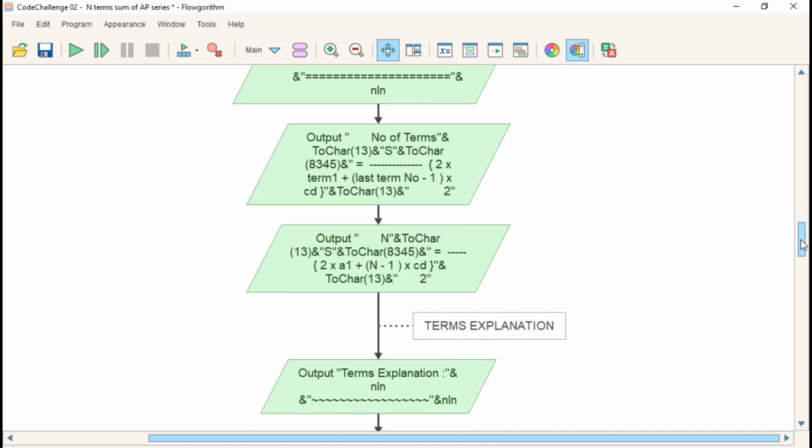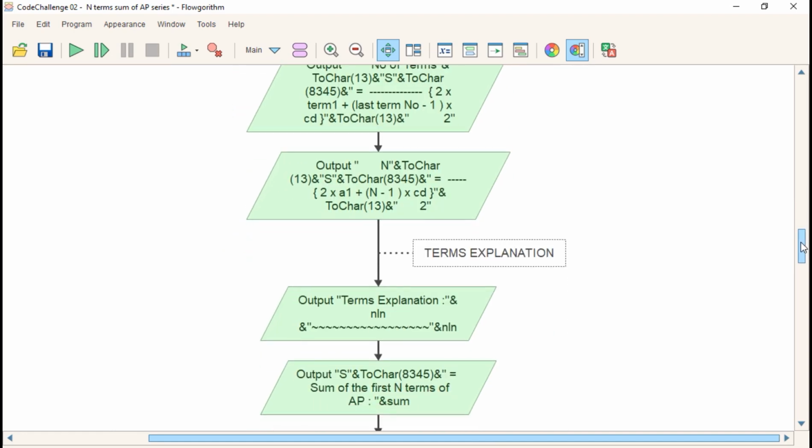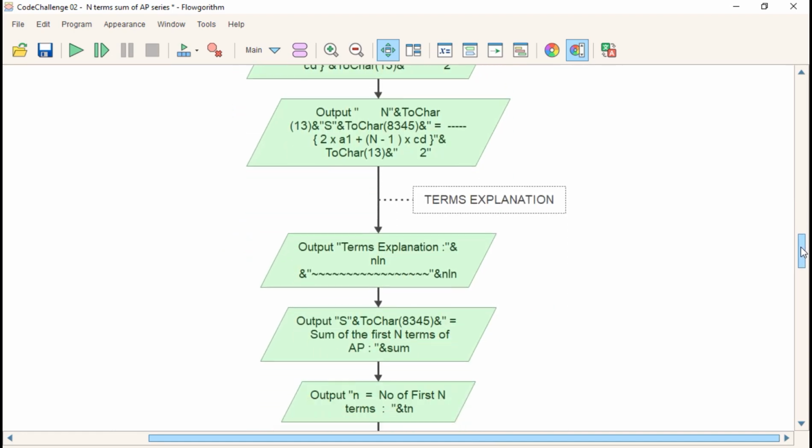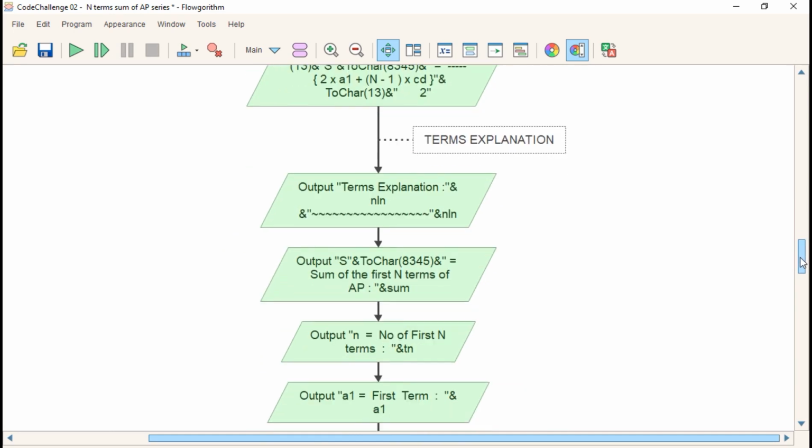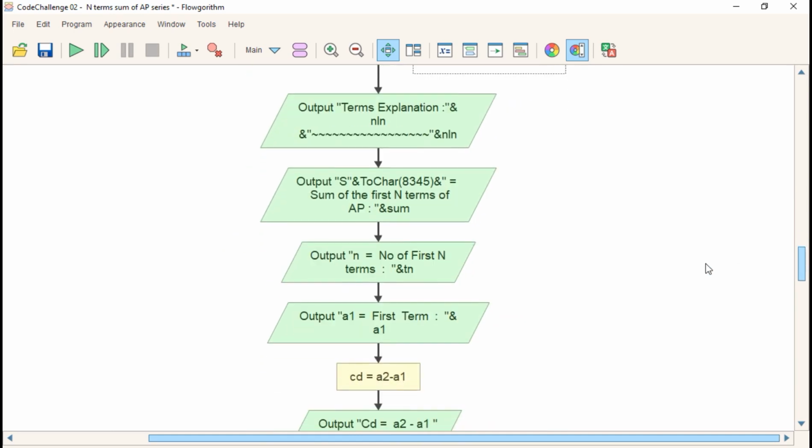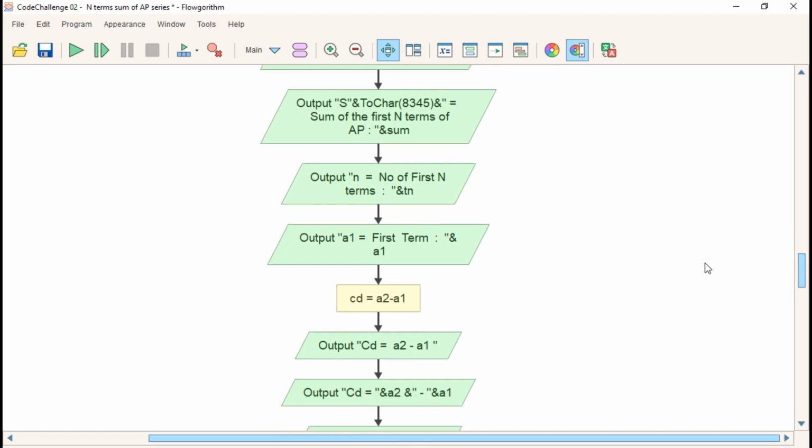The output statements after the if symbol display the sum formula and its elements. The assign symbol calculates the values from the entered values, if necessary.